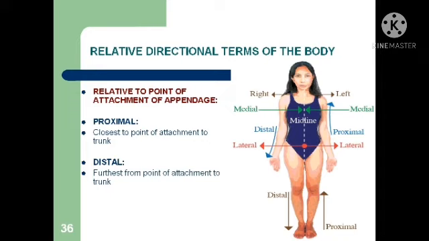Like our upper limb is attached at the shoulder to the side of the trunk, and our palm is away. Our palm is distal and our shoulder is proximal. It is also called the superior and the inferior.